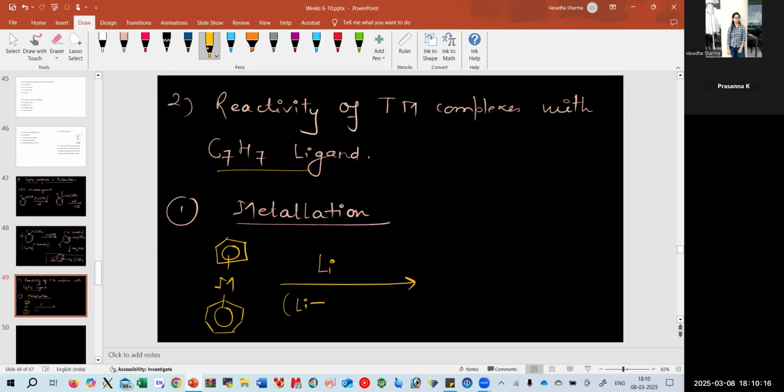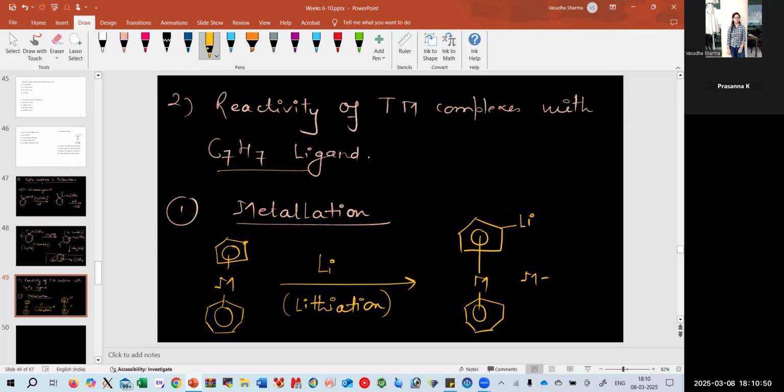As I mentioned, we were talking about metallation, and the first example that we are taking is lithiation. So in presence of lithium, there is a possibility that one of the bonds of C5H5 is getting lithiated, or the lithiation can happen on the C7H7 side also. So one product that we can expect is the lithium coming over here.